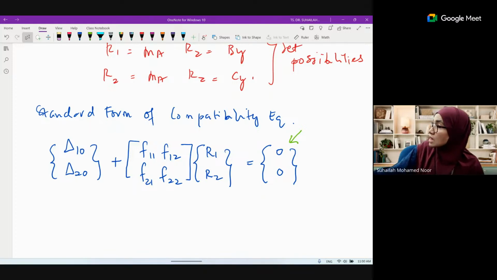For this derivation we focus on the case without support settlement first. So it is equal to 0.